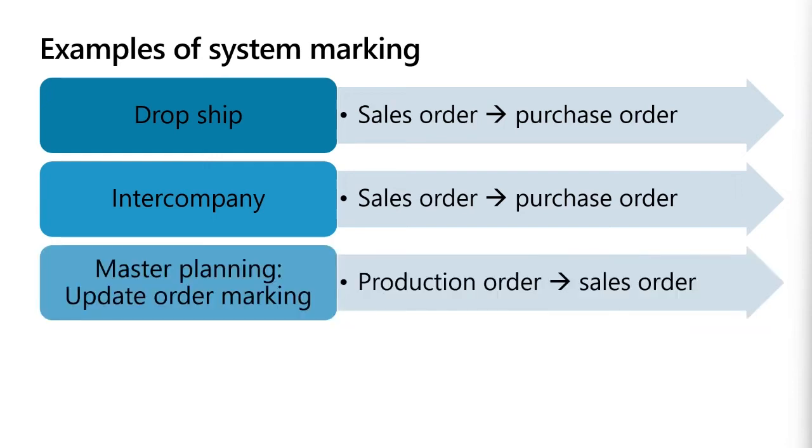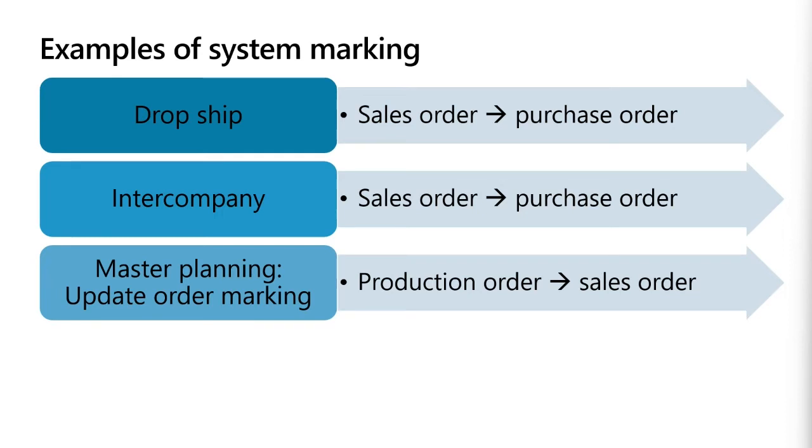The next example is when you use the option to update order marking when you run master planning. This process automatically updates the production orders against the sales orders that drove the demand and are pegged against the planned production order. If you don't use master planning, but you use the button to create a production order from a sales order on the sales order details page, the marking is also automatically created.